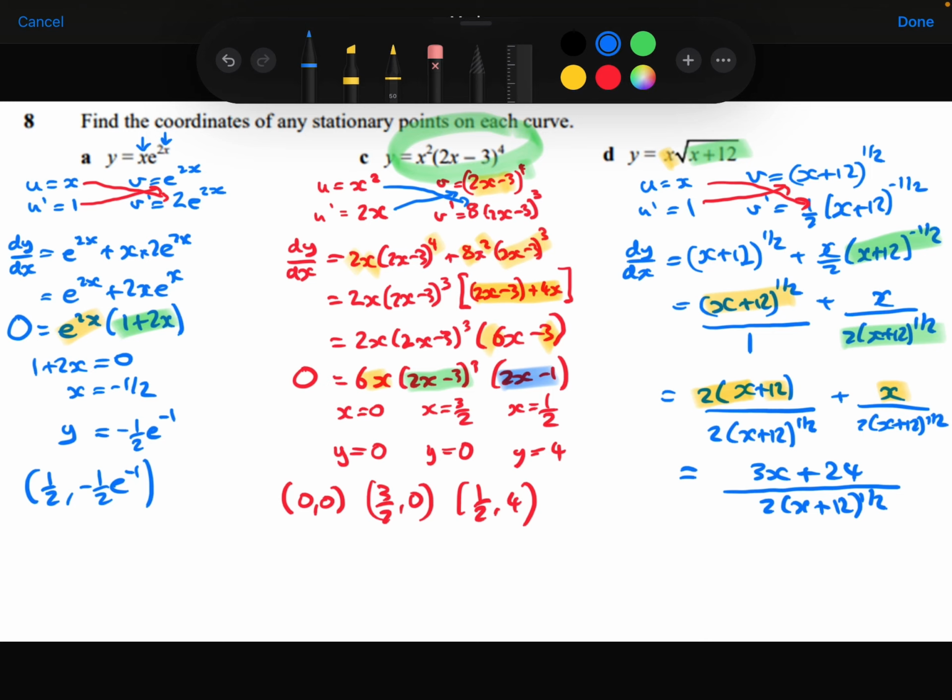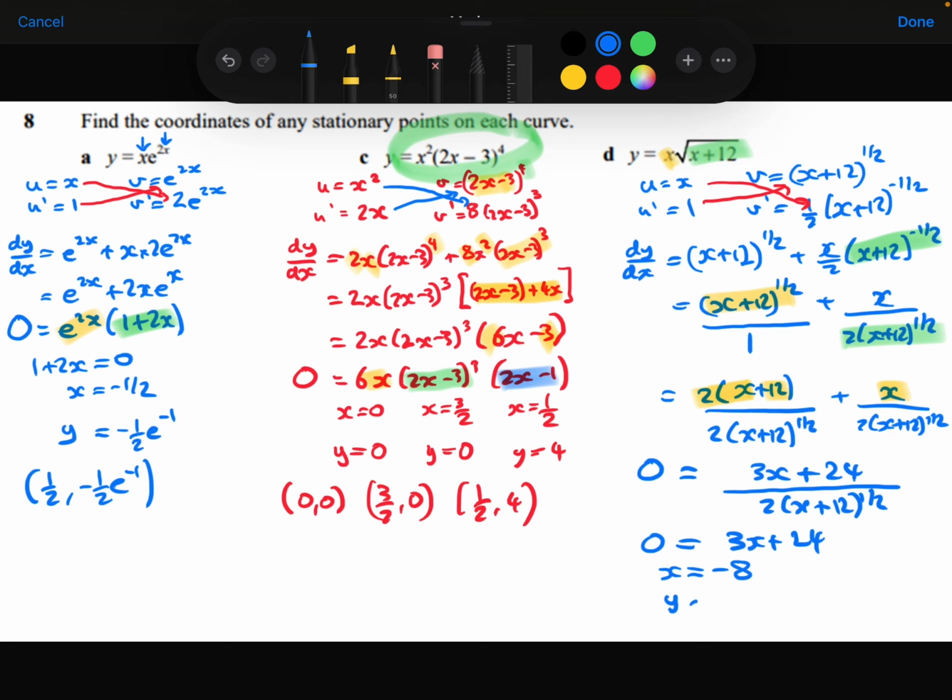For the stationary points, I'm going to make that equal to 0, which is going to be the case if the 3x plus 24 equals 0, which is going to be when x is minus 8.